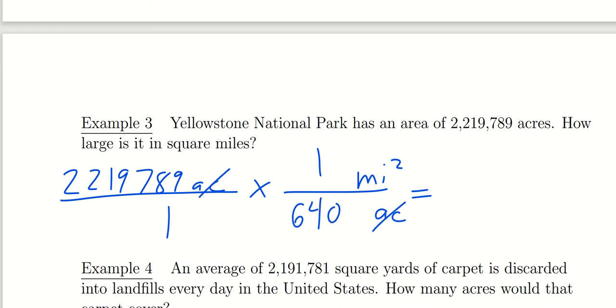Cancel, cancel. Our final answer will come out in terms of square miles. And then it's just a division. We have the 2 million number divided by 640, and that should be about 3,468.4 square miles.